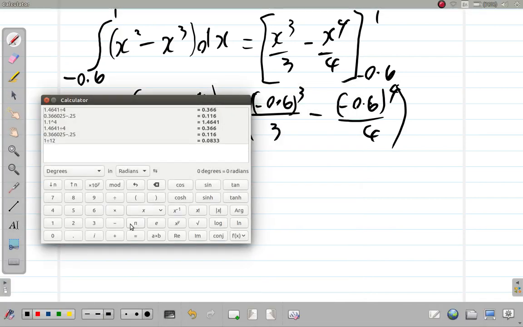Then, minus negative 0.6 cubed. Now, 0.6 raised to the power of 3 is 0.216, and we know it's going to be negative because you have 3 of them multiplied.